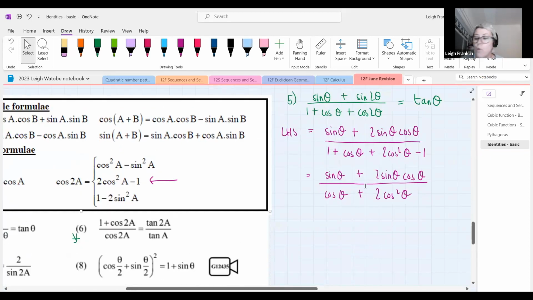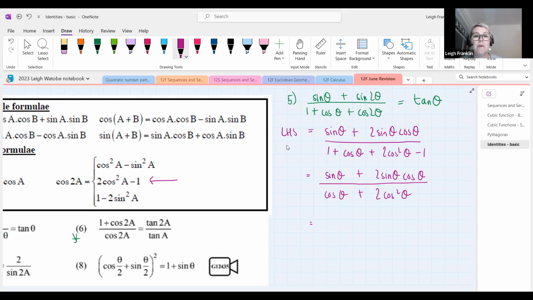All right, what sort of factorizing am I doing in the numerator? Is it a trinomial? Is it difference of 2 squares? What am I doing? Common factor, yes, good.